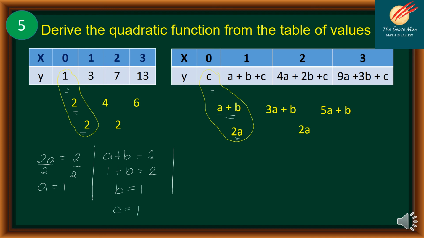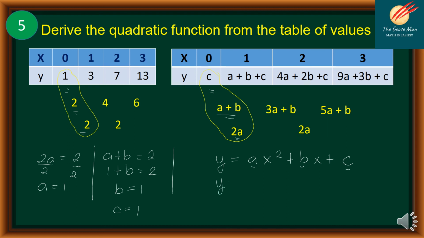Alright? So since I know the values of a, b, and c respectively, I will go back to the equation y is equal to ax squared plus bx plus c. Since I know the values now of a, b, and c, I'll substitute them.